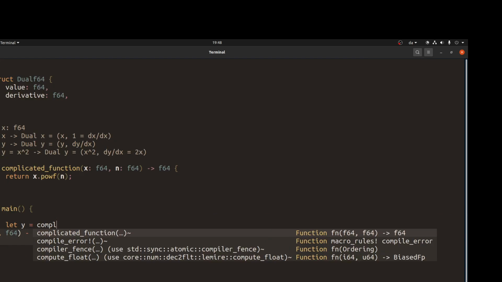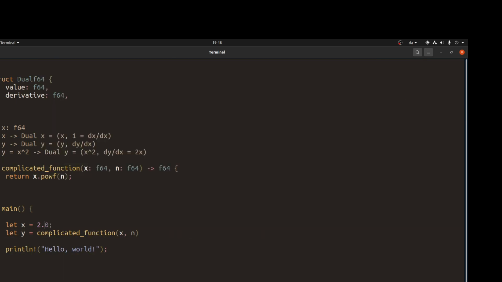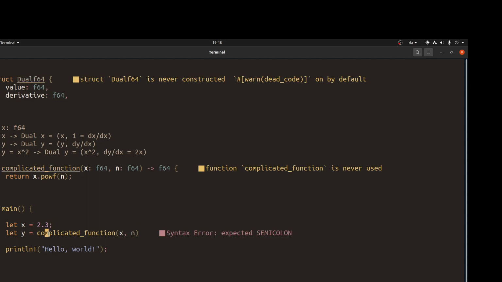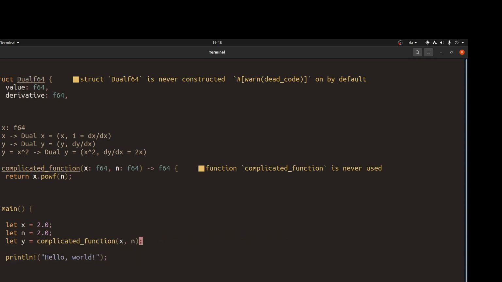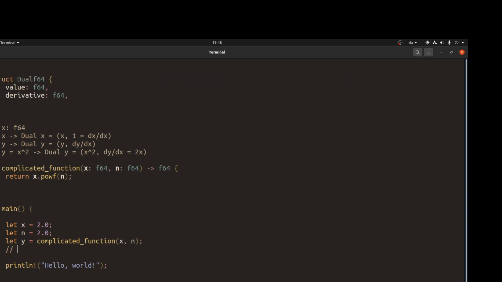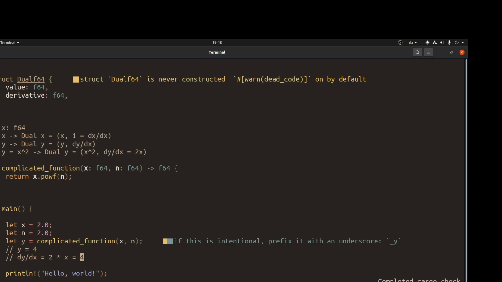So let's say y is a complicated function, and the input is some x, which is 2.3. And well, let's make it something where we can actually verify it, and n is 2 as well. So now this y should be equal to 4, and dy dx should be equal to 2 times x, which is 4. And in general, we can also say that this is equal to n times x to the n minus 1.